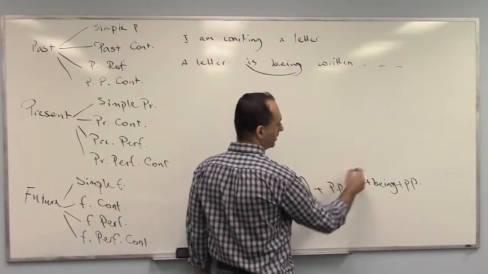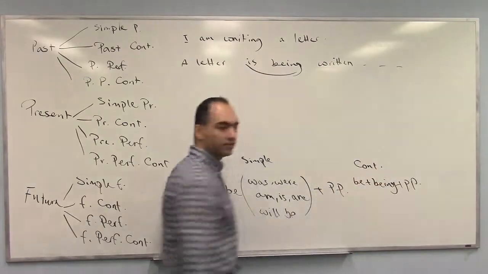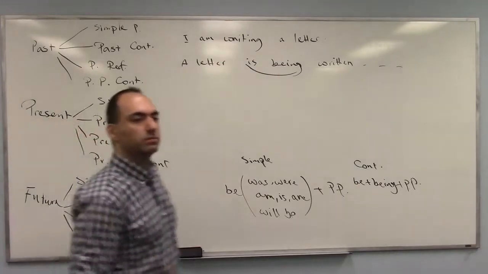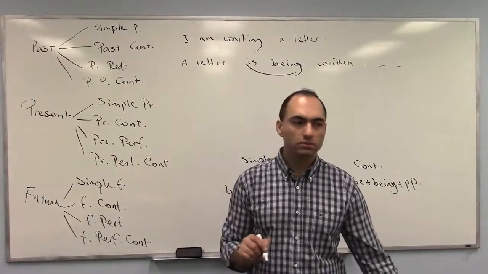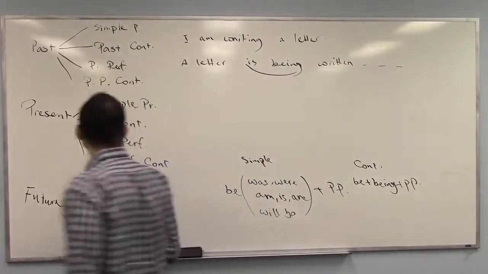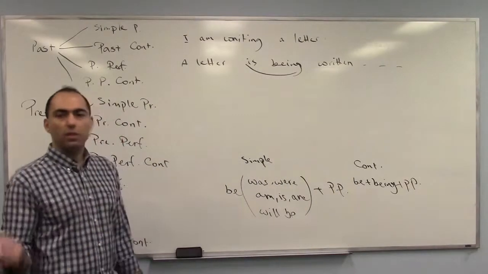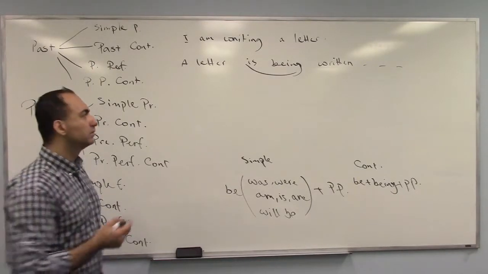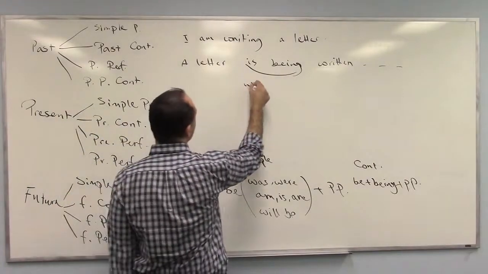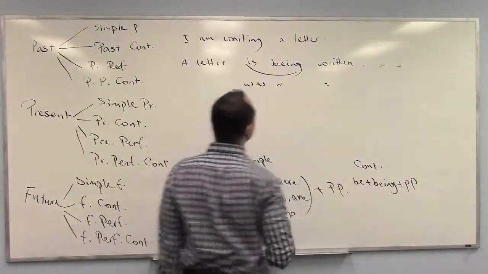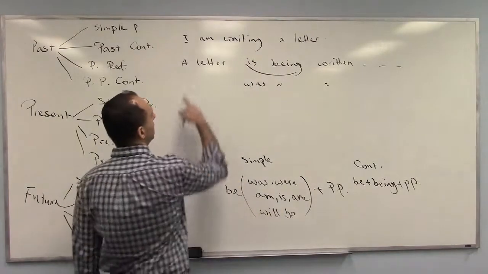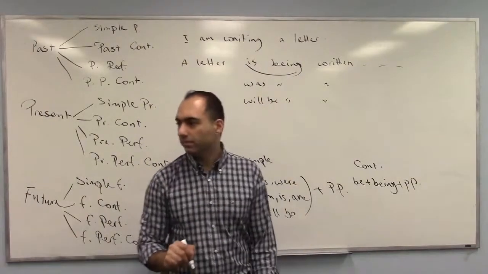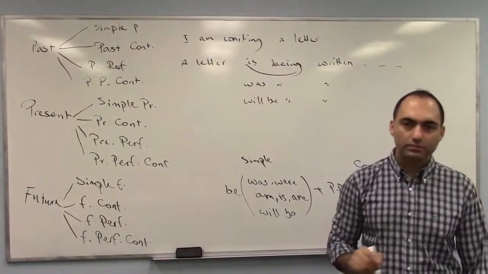This is continuous, progressive. So I'm writing a letter. I was writing a letter when you came. A letter was being written. Is being, was being, will be being. I was writing a letter, a letter was being written. I will write a letter, a letter will be being written. Very simple.